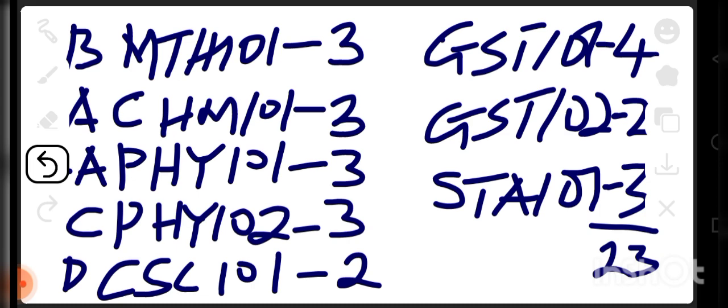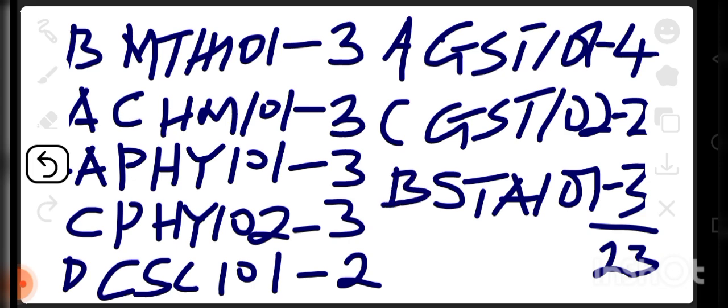In GST 101, the person was having an A. In GST 102, the person was having a C. In Stat 101, the person was having a B.